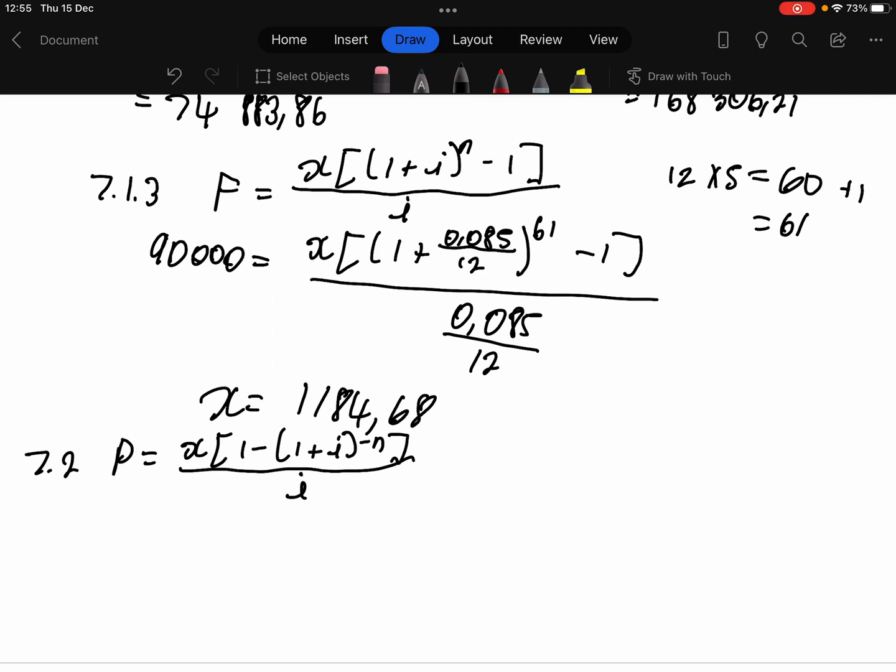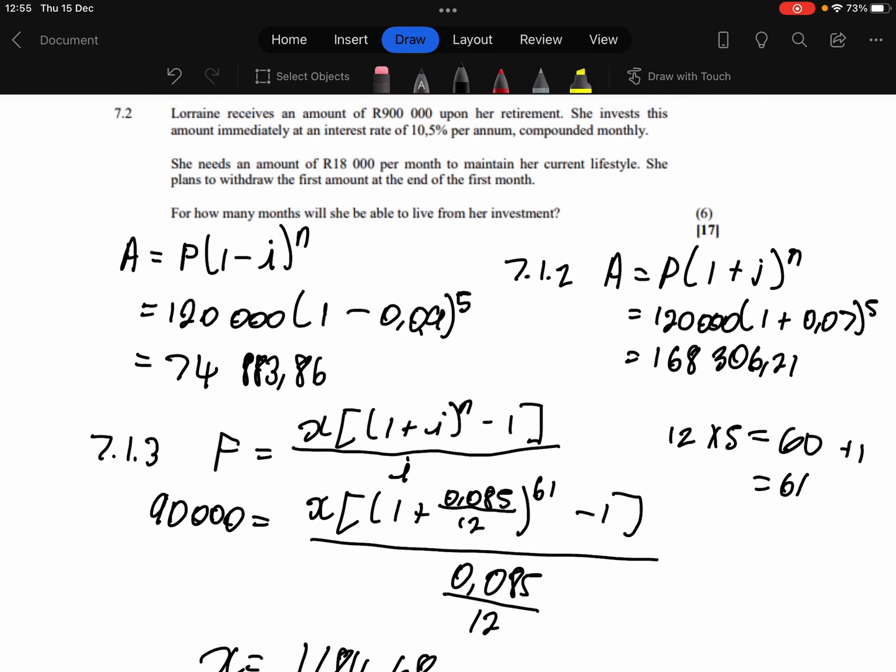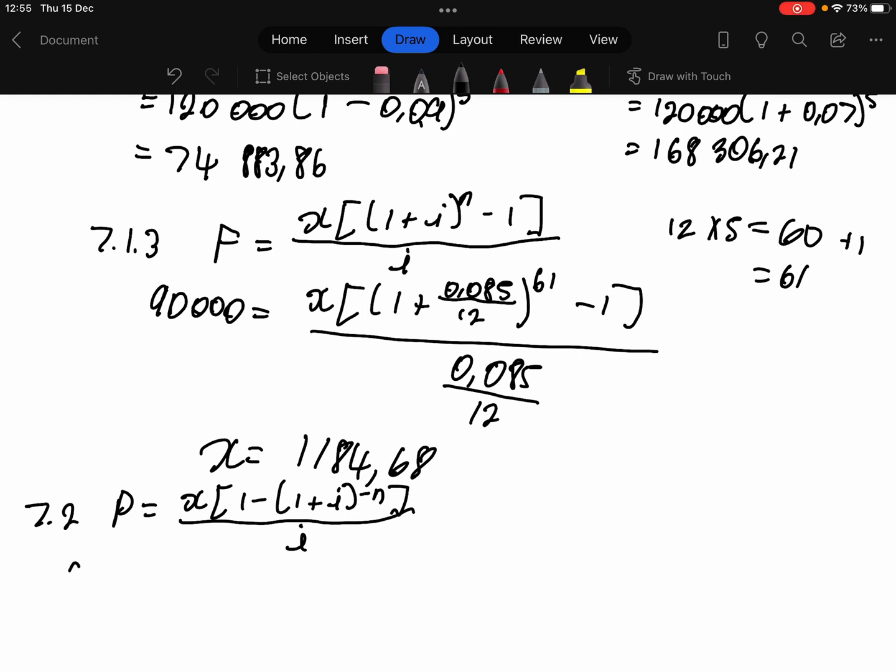Okay, from here we can go and substitute our values in. We know that the P amount is 900,000 because that's the amount she receives. The x amount is the monthly withdrawals, which is 18,000, into 1 minus (1 + i). We know that the interest rate is 10.5%, so it's 0.105 divided by 12. Why?